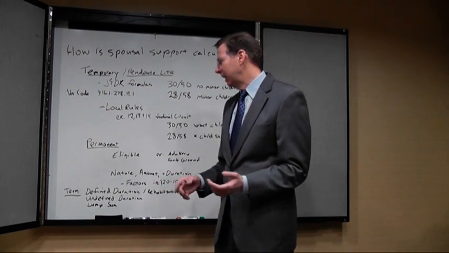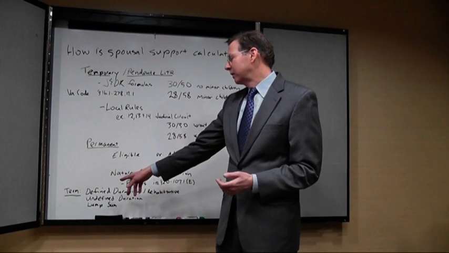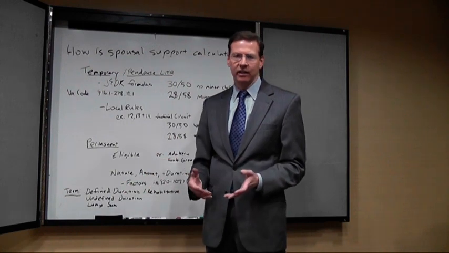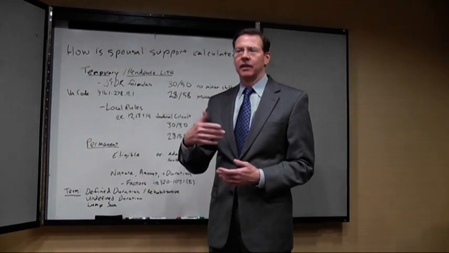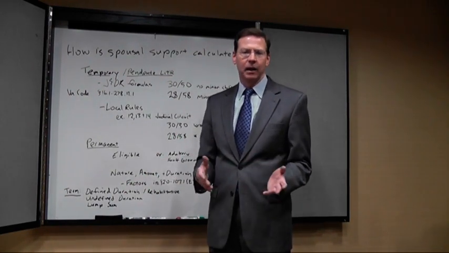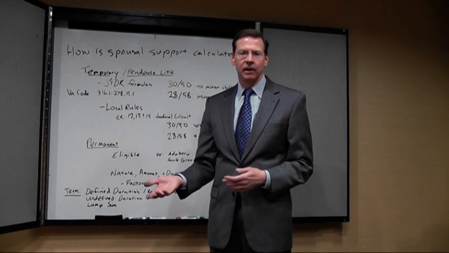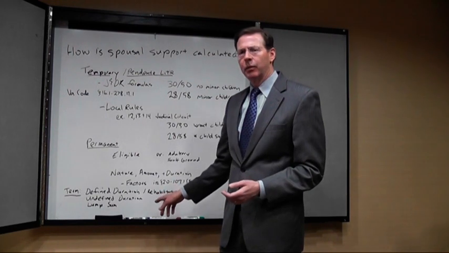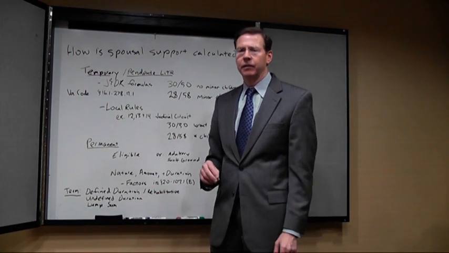Either the judge can award spousal support for a defined duration. For instance, the husband will pay the wife X amount per month for 5 years. That may be known as rehabilitative alimony.